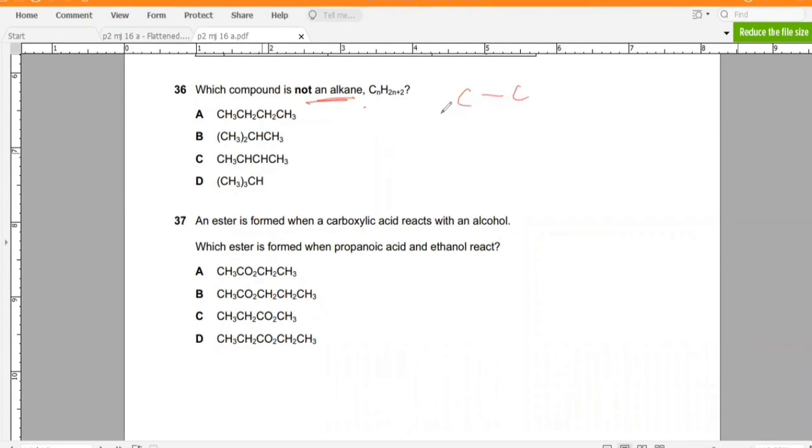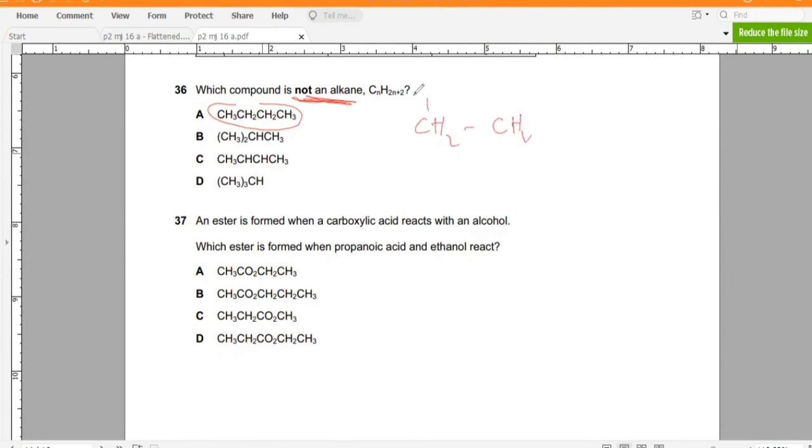If you find a carbon-carbon double bond, that will not be an alkane. So here we have to find which compound is not an alkane, which is not a single bond. If you look at the first compound, this actually has single bonds. CH2 single bond CH2, with a CH3 group here and one CH3 group there. This is an alkane compound, a single bond compound.